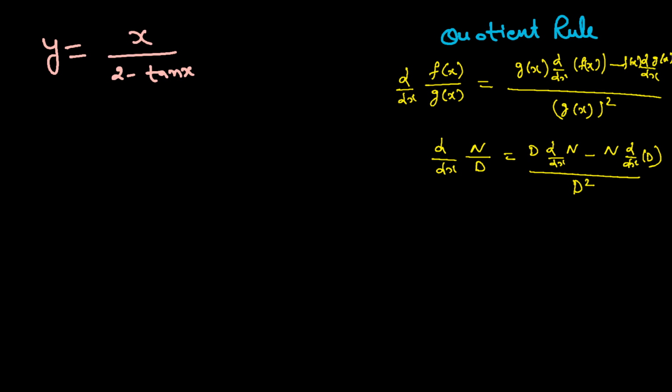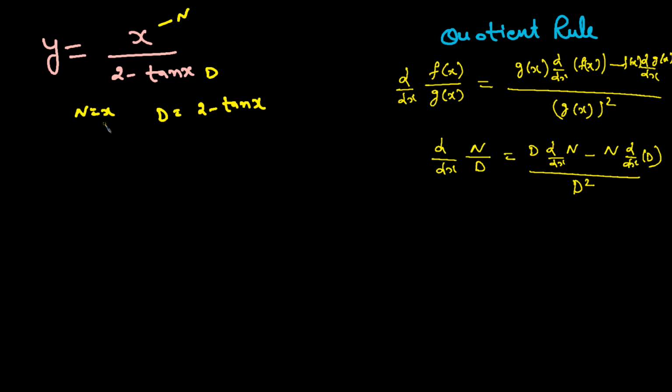So first of all, my numerator I'm going to label as n, and this is my d. So my numerator n is x and the denominator is 2 minus tangent x. I'm going to find their derivatives and then plug those values into the quotient rule formula.